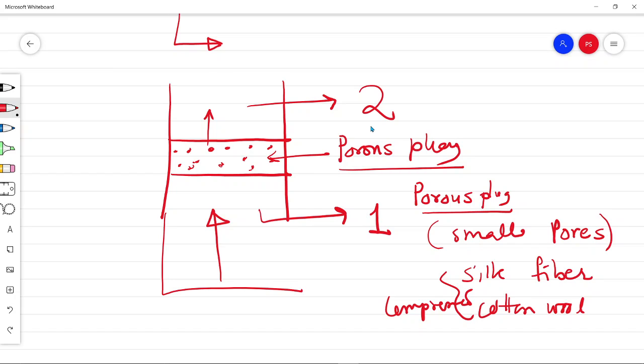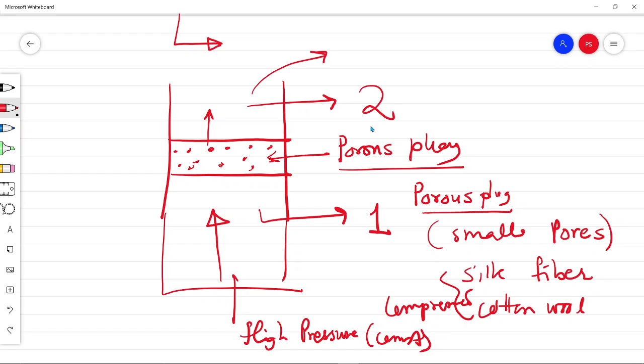Now this region 1 is maintained continuously at a high pressure value, which of course has to be kept at a constant value, and this region 2 is exposed to the atmosphere. So this is continuously kept at constant pressure but lower than P1.